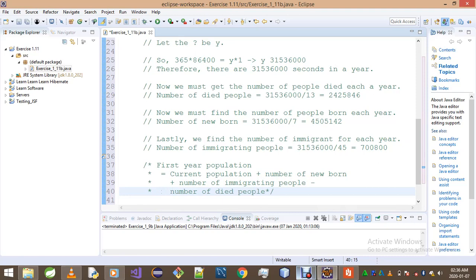Okay, that is pretty much it for the first year population.